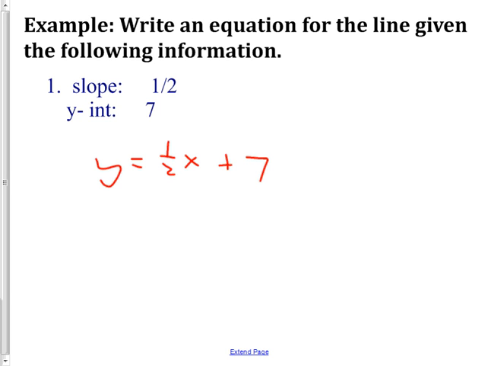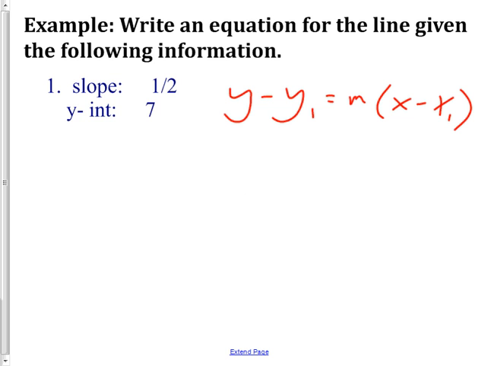See how easy that was? Done. Could I have done it with the big, hairy, nasty equation, y minus y sub 1 equals m times x minus x sub 1? Yes, it would have still worked. Because I know the slope, and I know a point, the y-intercept. The y-intercept is where x is 0, so this is (0, 7).